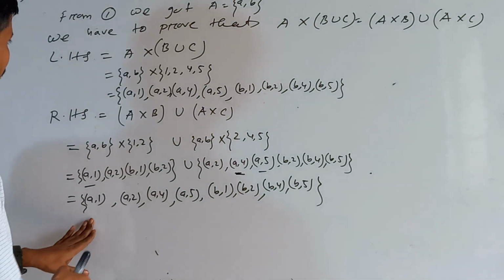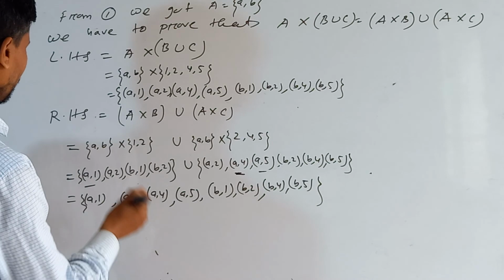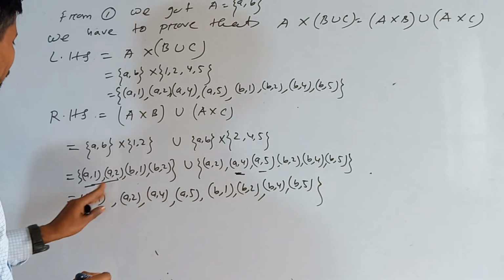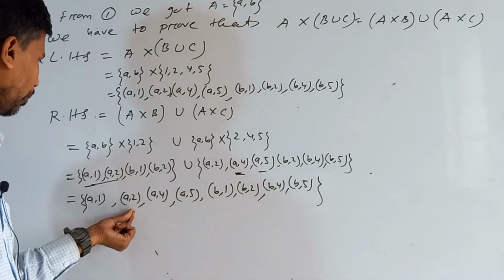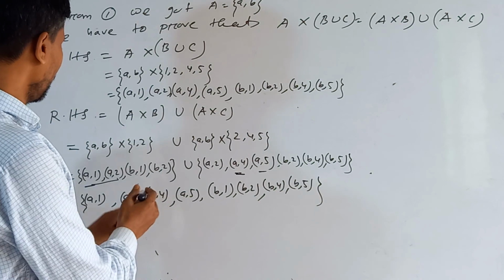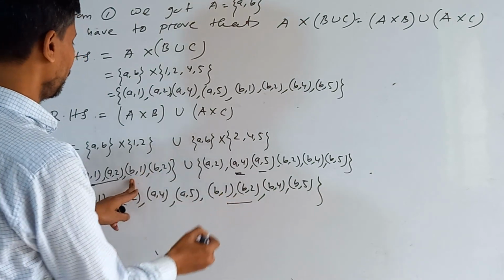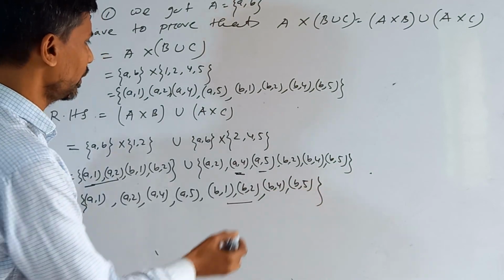Look here: a1, a2 and a1, a2. I have taken only one of these. Then a4, a5, a4, a5. Similarly, b1, b2, then b4, b5.